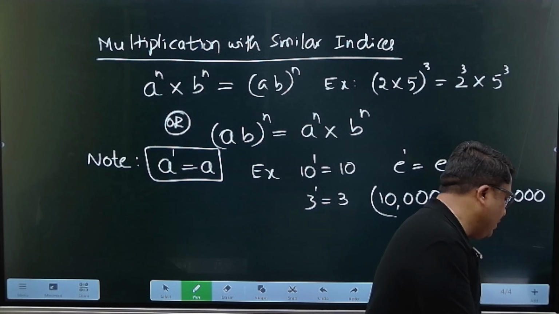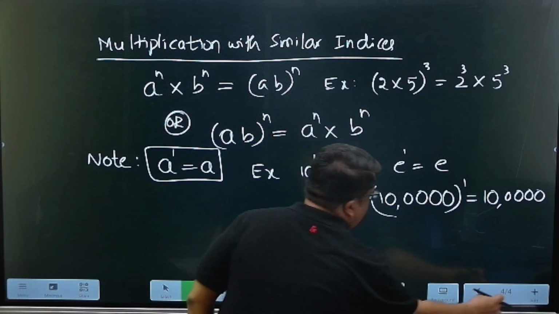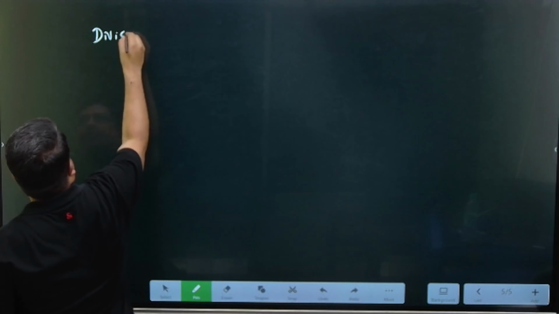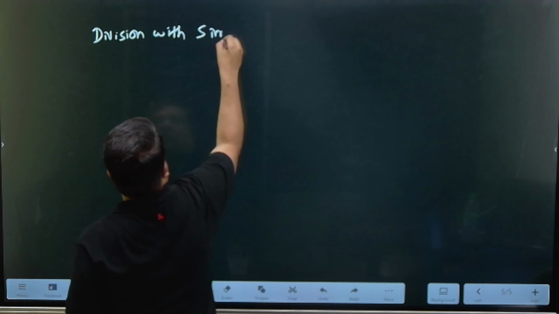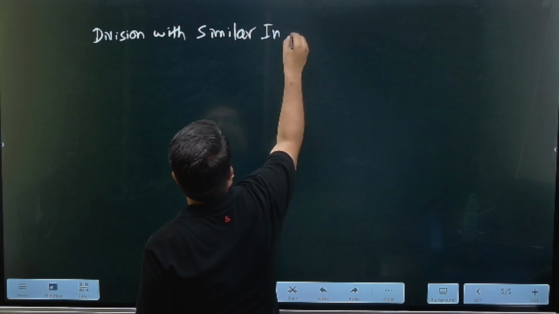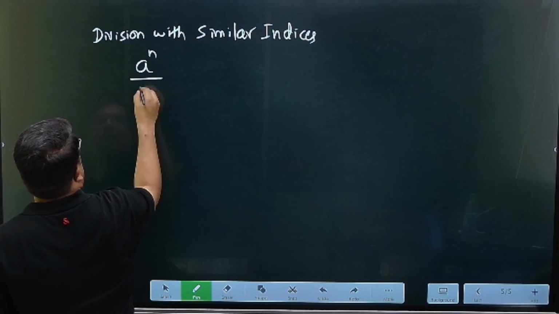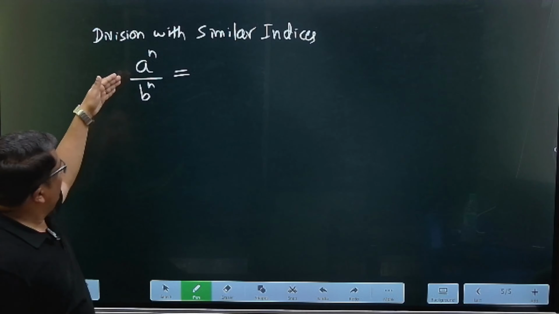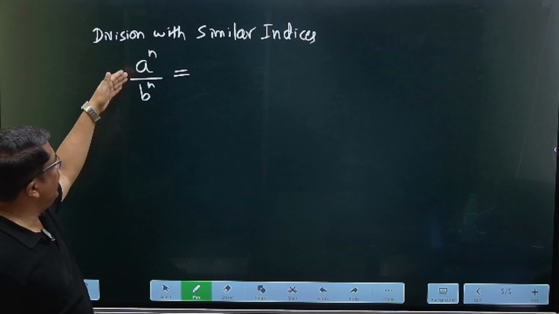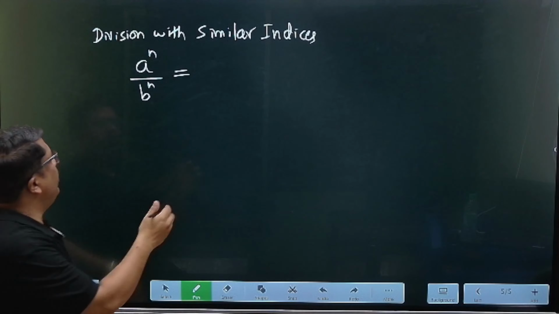Students, we are discussing the laws of indices, multiplication with similar indices. Then we consider division with similar indices. Division with similar indices means bases are different. a to the power of n divided by b to the power of n, numerator is a to the power of n, denominator b to the power of n, bases are different, a, b, but indices are same.